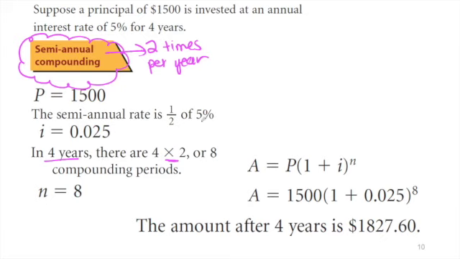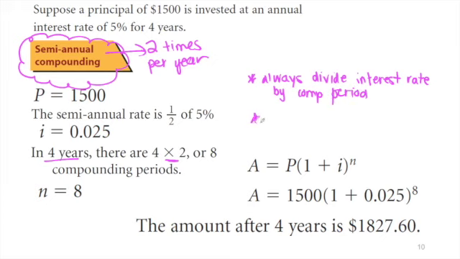So make sure, a star here, this is something important: you always divide your interest rate by your compounding period, and you always multiply your years, or your N, by your compounding period.